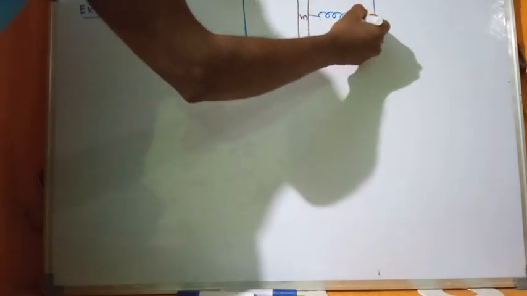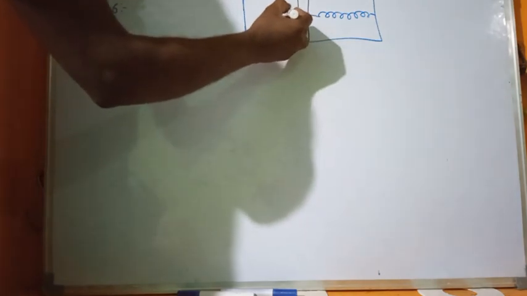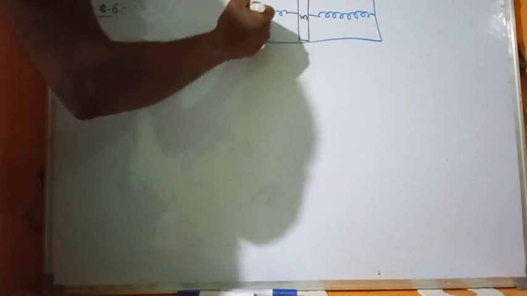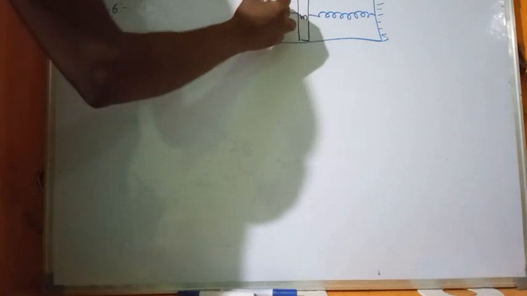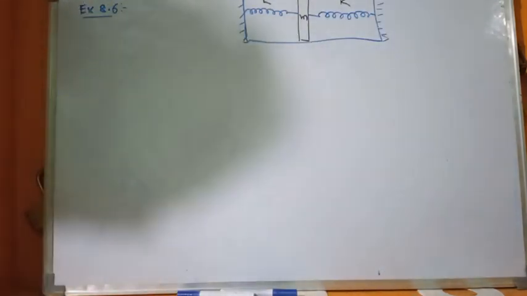It is one spring and this is another spring. These are the rigid supports. This is also a rigid support. The spring constant of each spring is the same, equal to K.